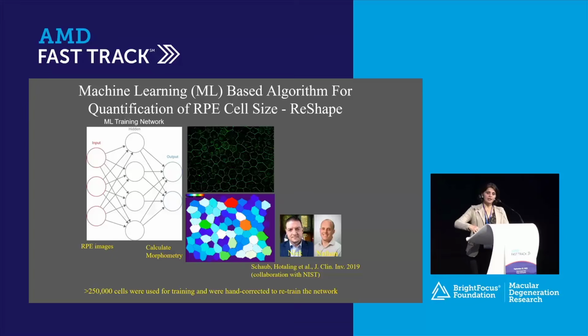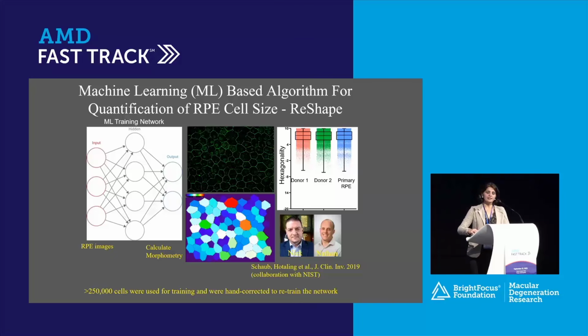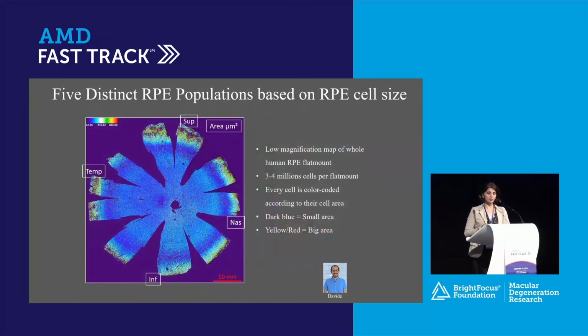For example, in this box plot here, it tells you the hexagonality, which means how hexagon the cells are. It's very comparable for 2 AMD donors as compared to the primary RPE cells. So then we use this Reshape to make an RPE map, and this whole RPE flat mount is a heat map showing you the differences in the area.